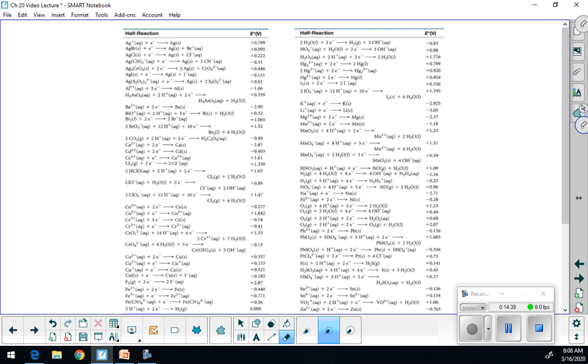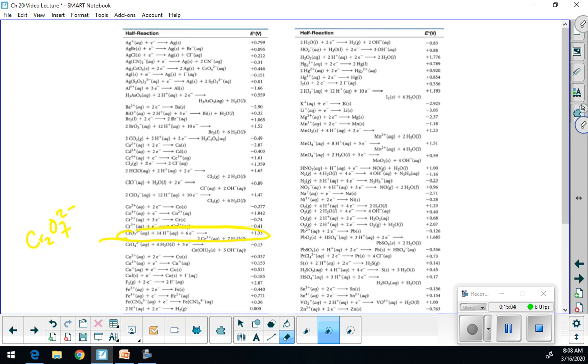Okay, we were talking about if you look at higher standard reduction potentials, these things tend to be good oxidizing agents. And so we said something like dichromate here, 1.33. By the way, that is wrong. It should be Cr2O7 2 minus, not CrO7 2 minus. What else did I say? Permanganate.